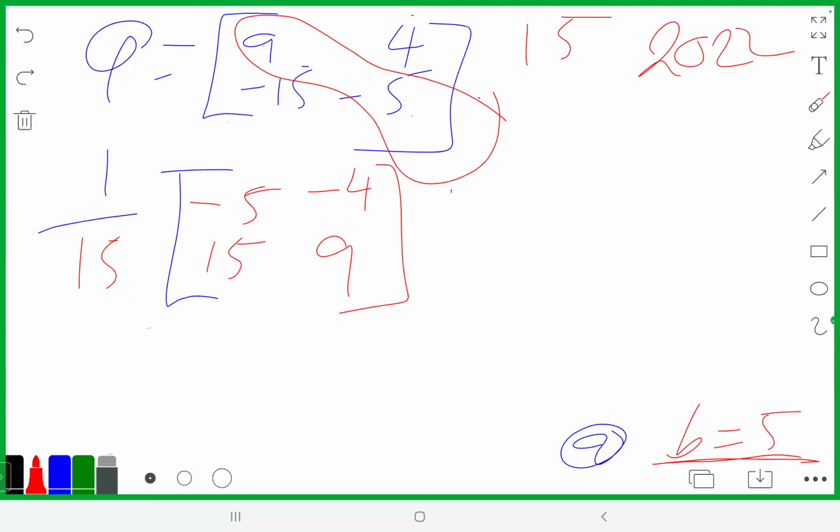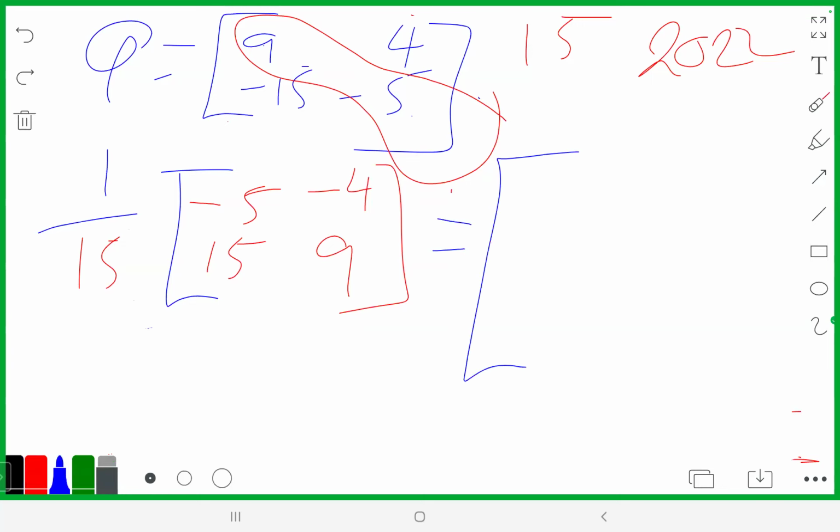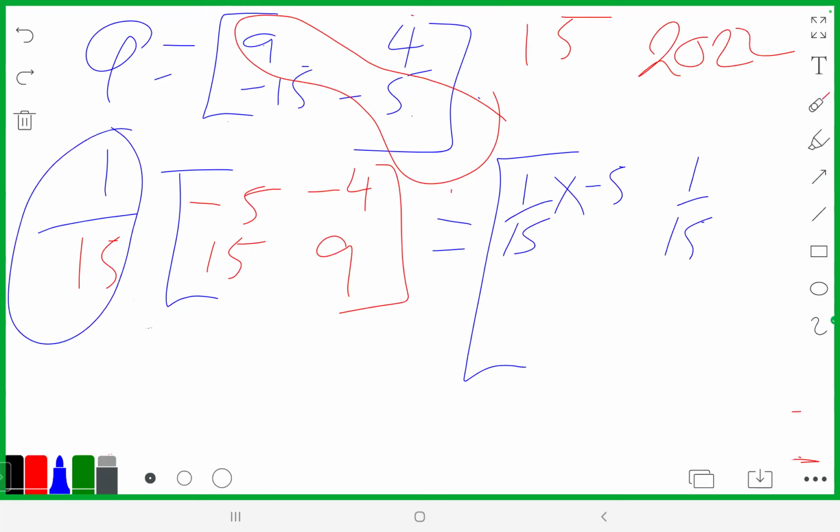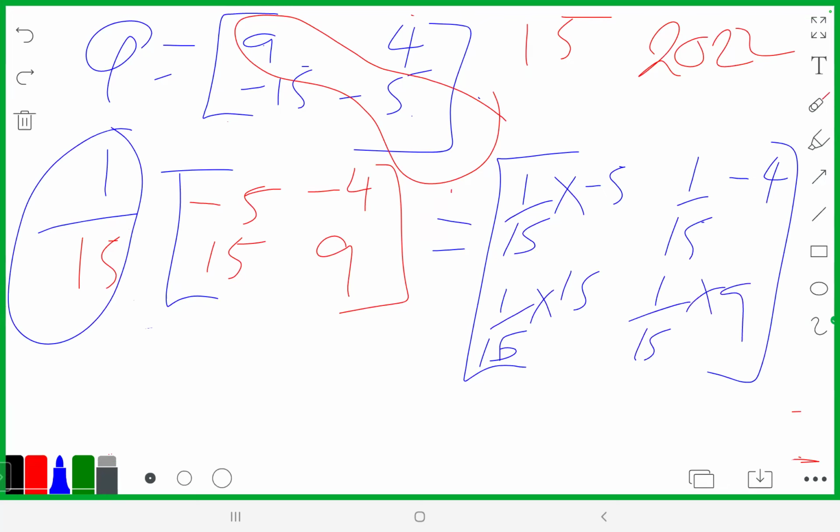Then you can start multiplying, just the way how you multiply the matrix by a scalar. You start saying 1 over 15 times negative 5, 1 over 15. Like this, 1 over 15 will multiply with everything inside the brackets. 1 over 15 times 15, and 1 over 15 times 9. Is that clear? Yes, it is.